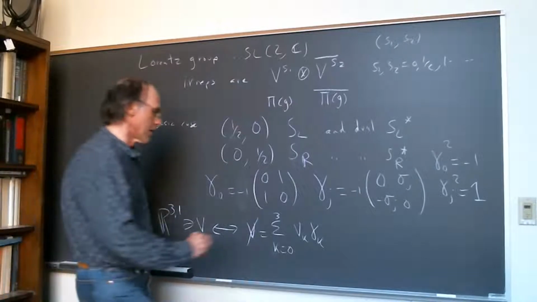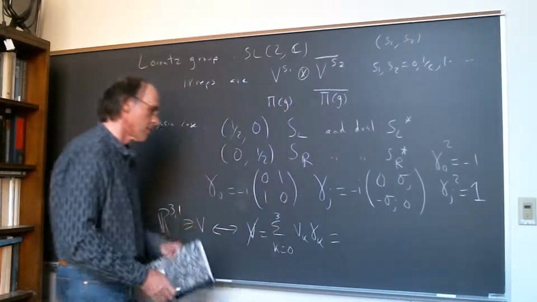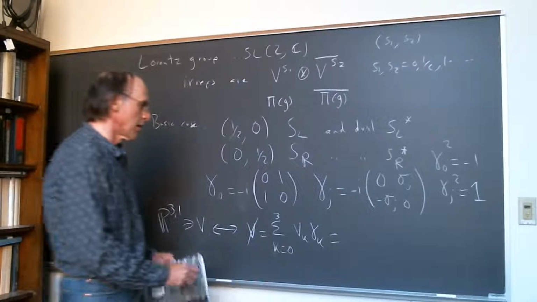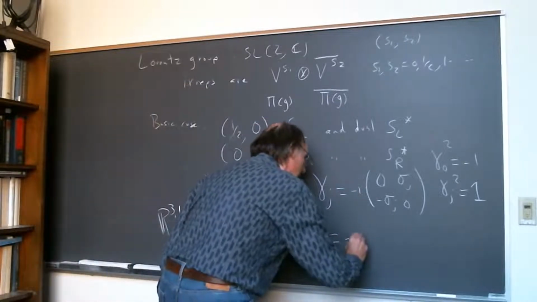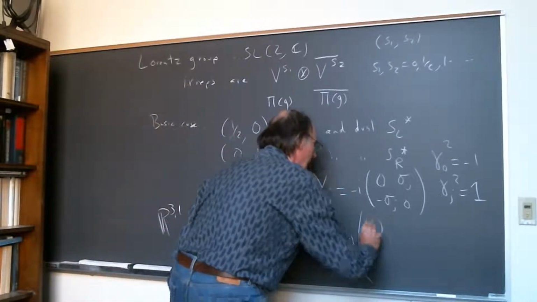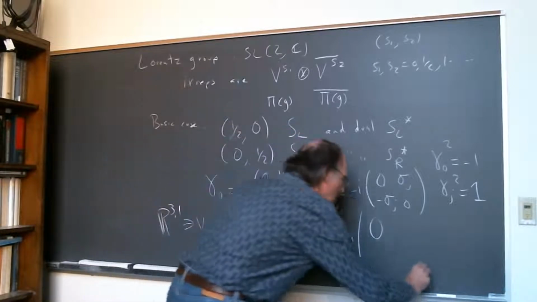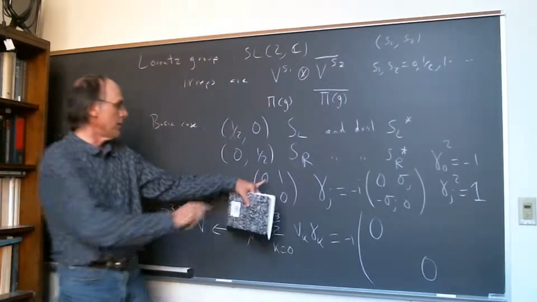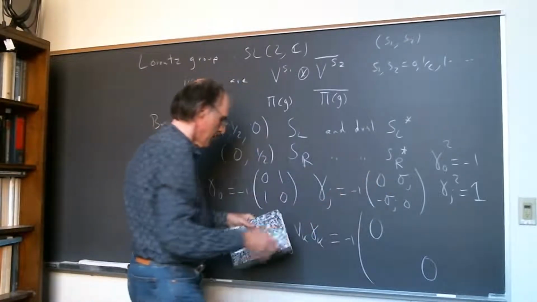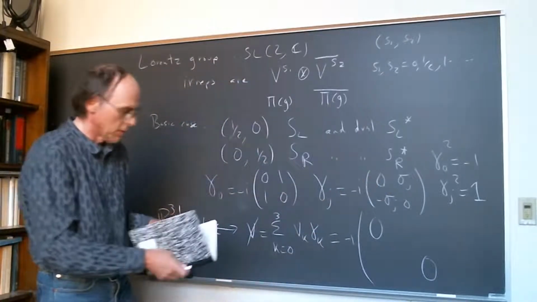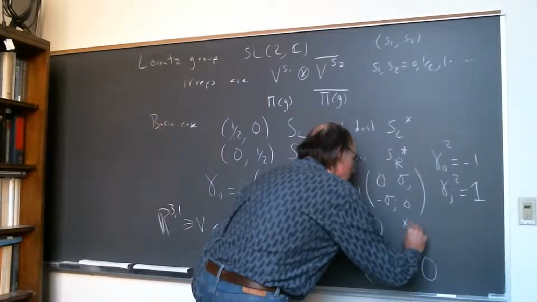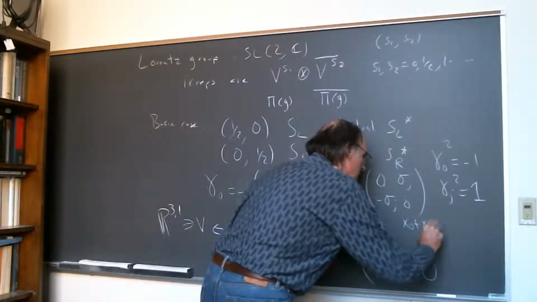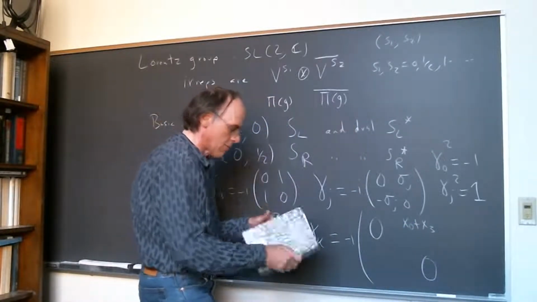If you write this down, it's going to look like this: there are 2 by 2 zero blocks, and then in one block you have x0 plus x3, and x1 minus ix2.